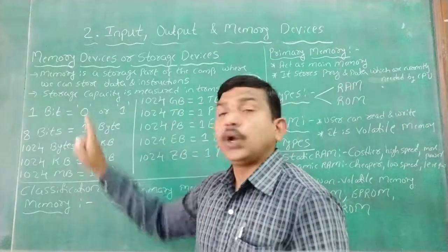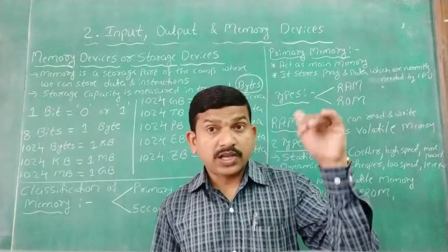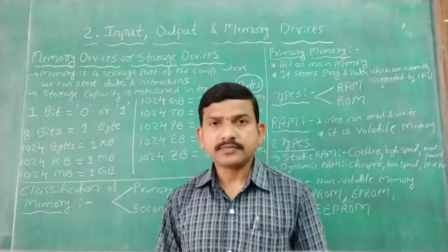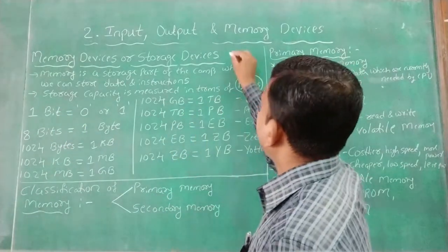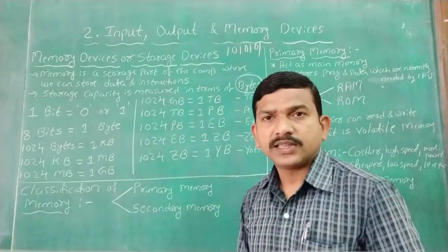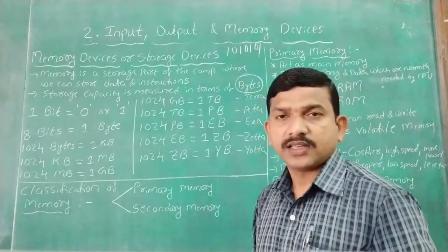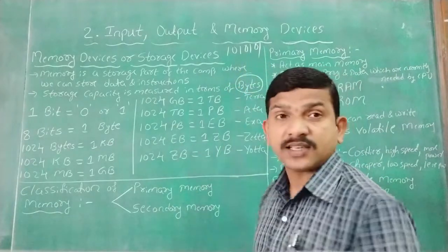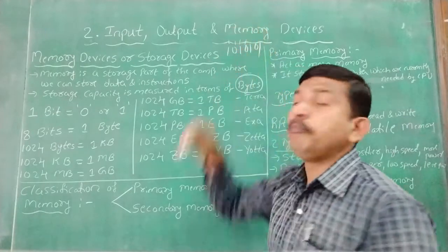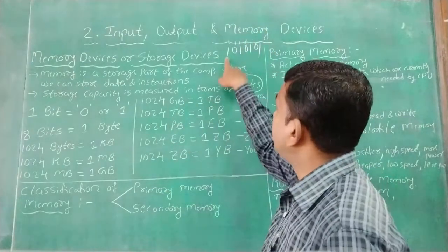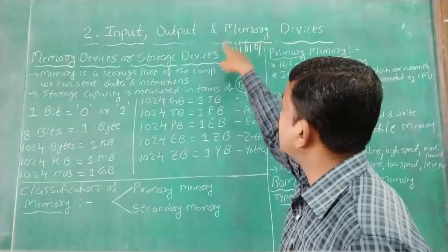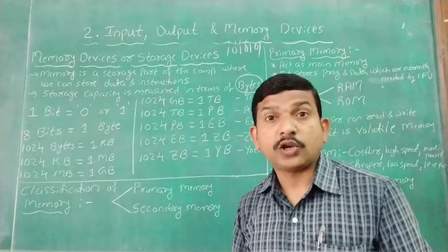So the 0 or 1 that we are using in memory, we call it a bit. Assume that if I write like this 100010, whatever it is, this is normally called binary numbers. Computer understands only this. So these single digits we call a bit. This is one bit, this is another bit, another bit. It is a collection of bits.